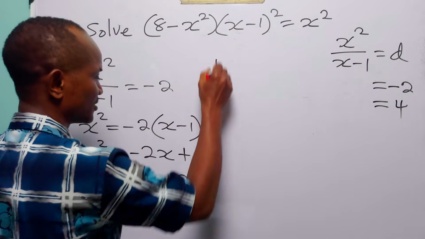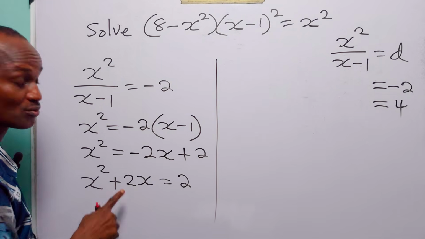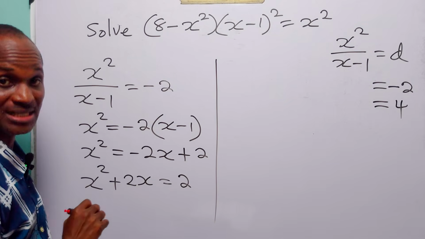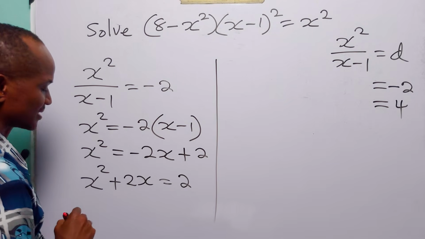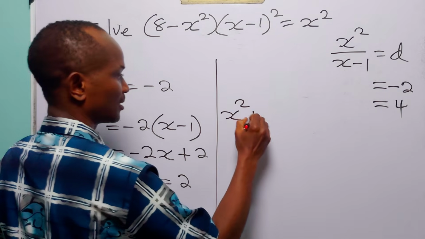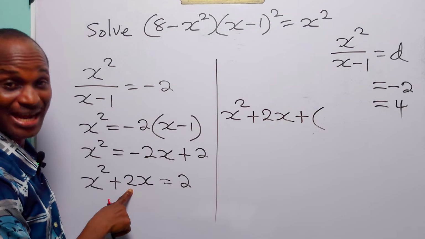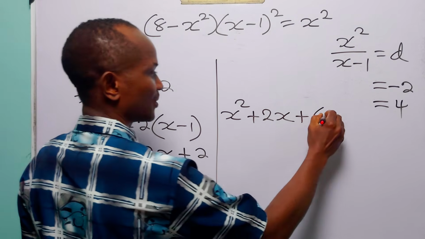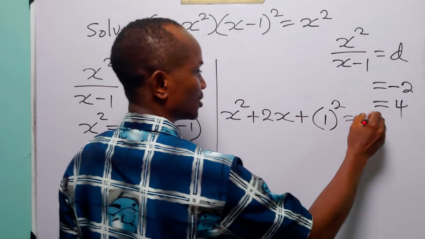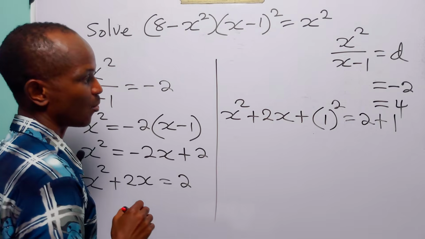Now, the next thing we are going to do is that we will divide the coefficient of x, that is 2, by 2, square it and add to both sides of this equation. When we do that, we have that x² + 2x + (2 divided by 2 is 1, squared) is equal to 2 + 1², of course, is equal to 1.